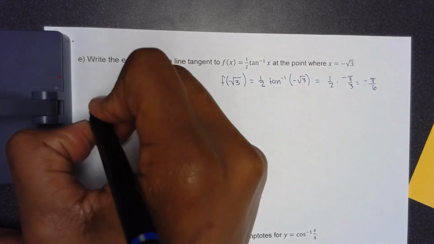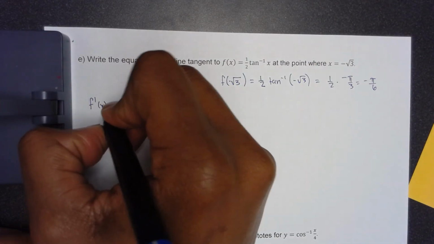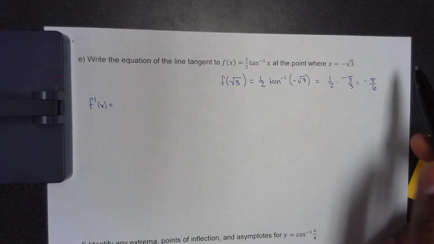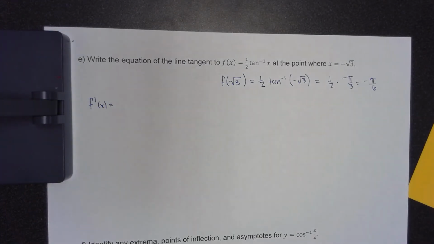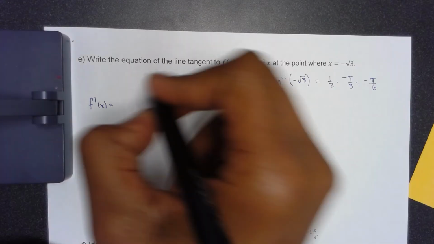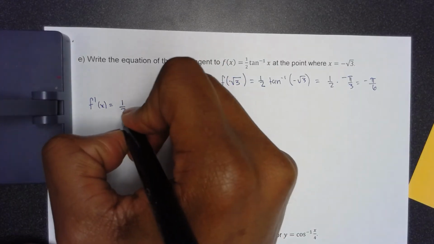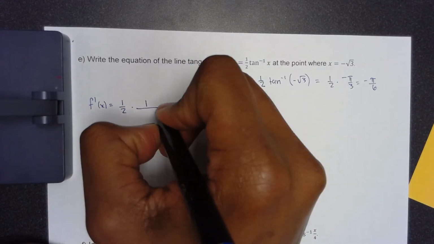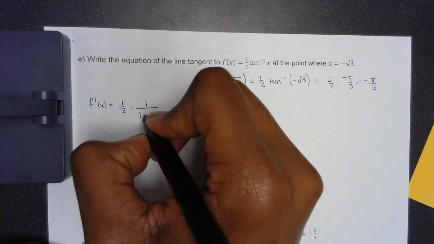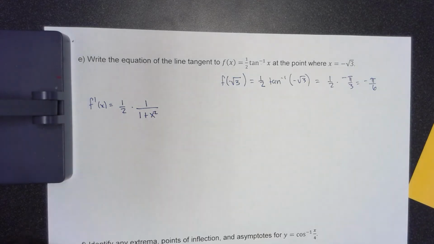Second, we need the derivative evaluated at negative square root 3. So we would have 1/2 times 1 over, for tangent inverse it's pretty straightforward, just 1 plus x squared.